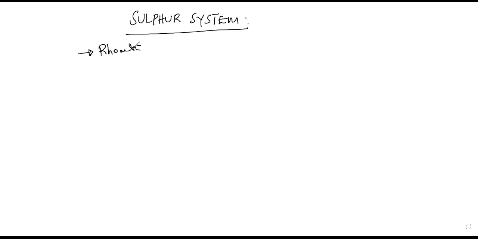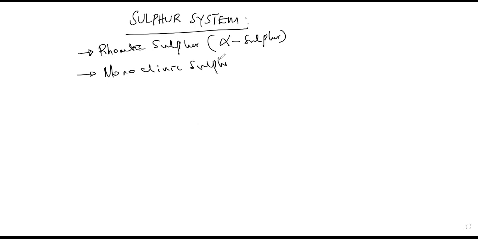We've got rhombic sulfur, which one can call alpha sulfur, then we've got monoclinic sulfur, which we can call beta sulfur.